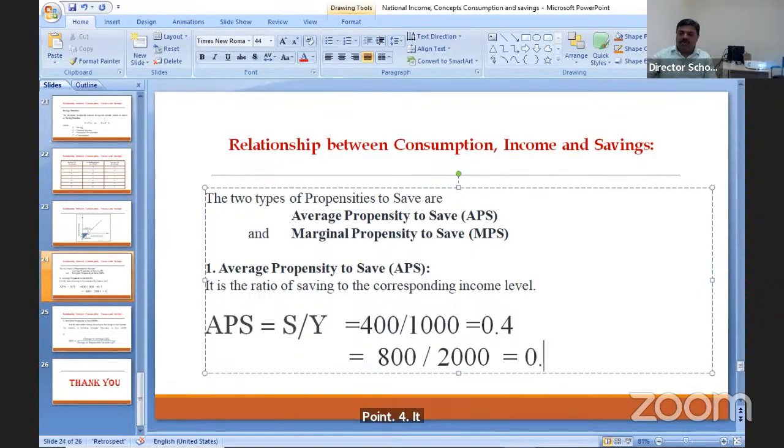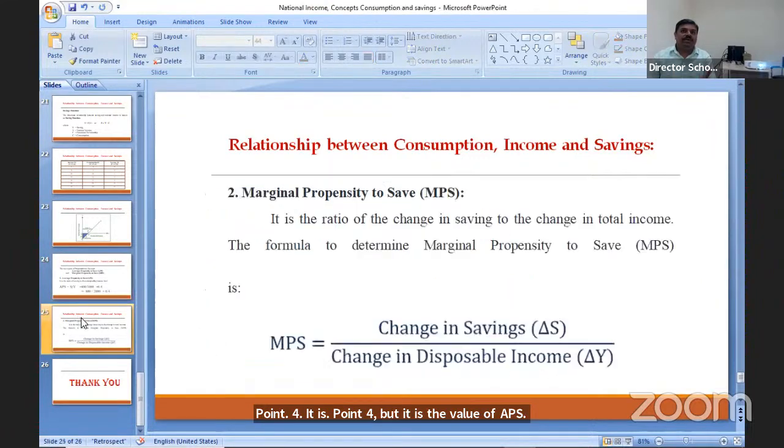Is this 0.4? But it is the value of APS, average propensity to save. But what will be the value of MPS?